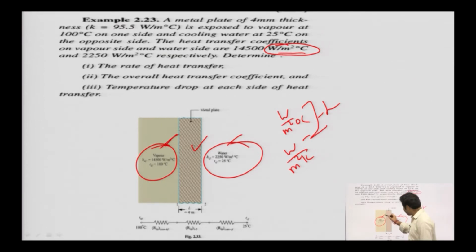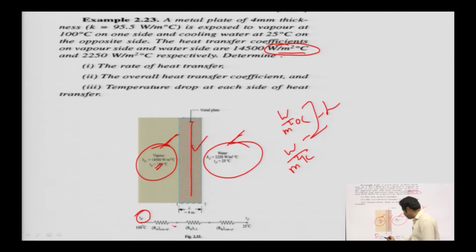So this is vapor, this is water and this is the metallic plate, sandwiched between the vapor side and the water side. To make the analogous thermal resistance circuit, you need to know that this is h_f, the vapor side resistance.